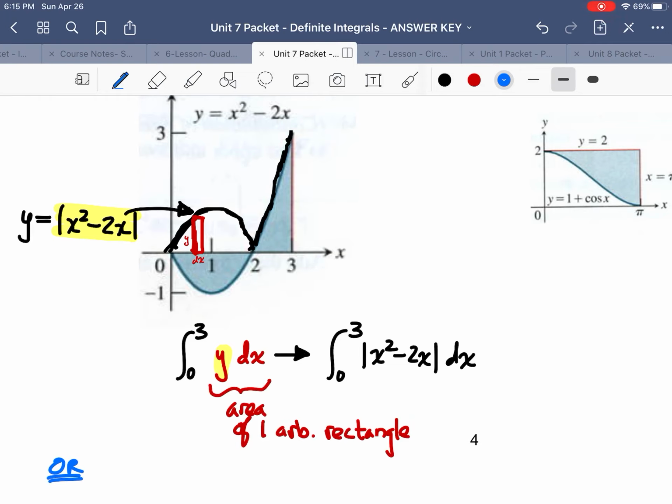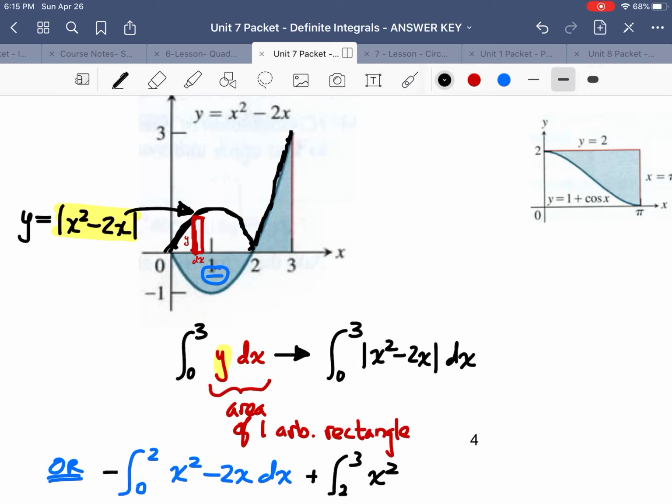All right. Another way to handle it, so I'll write a little "or" down here, we could have taken that negative area here, same function, just going from 0 to 2. We'll have that function still x squared minus 2x, so the original one, dx. That would give us a negative area. If I want it to be positive, I could just slap a negative in front of it.